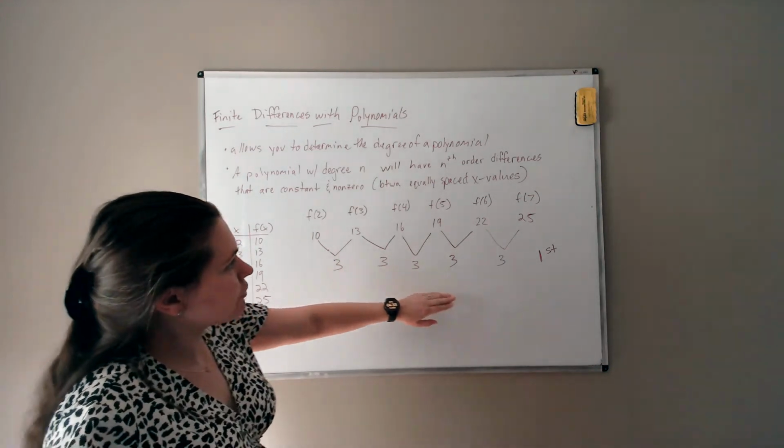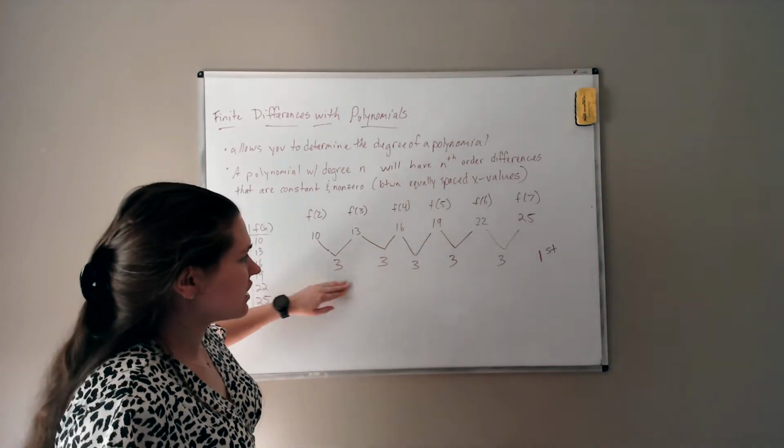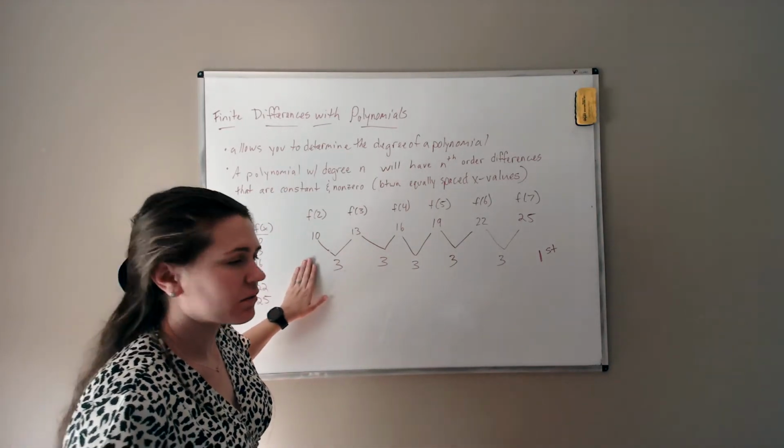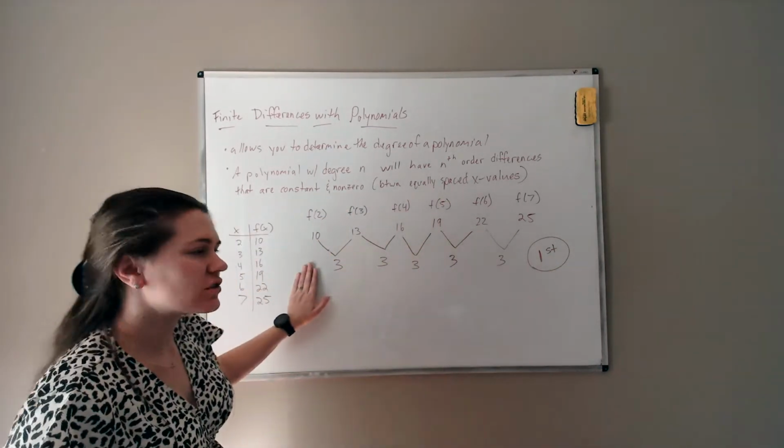Notice, all of the differences between equally spaced x values are constant and non-zero. It's 3, and this is the first order of differences.